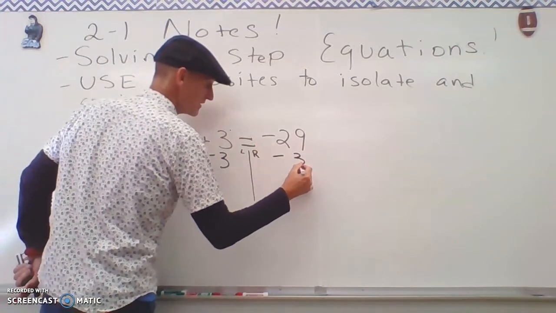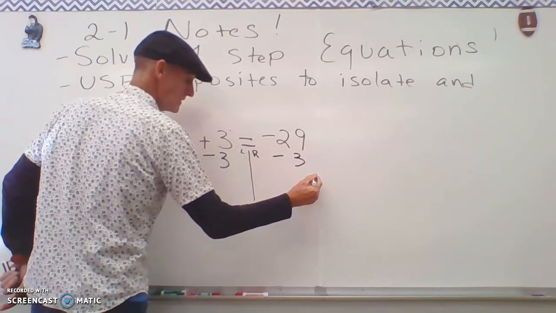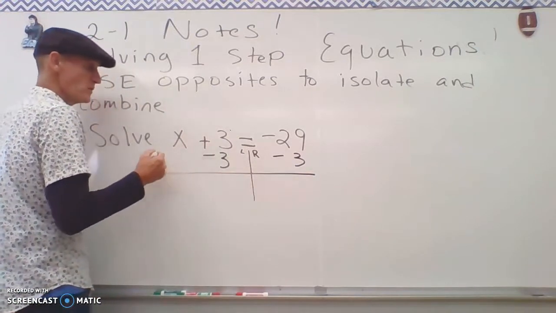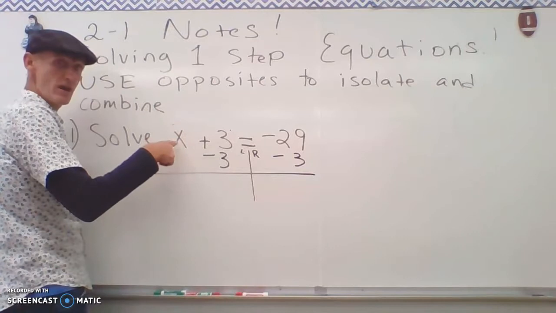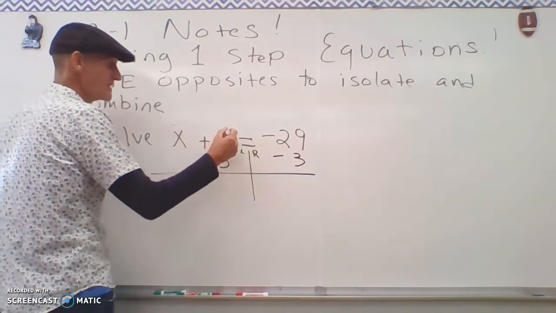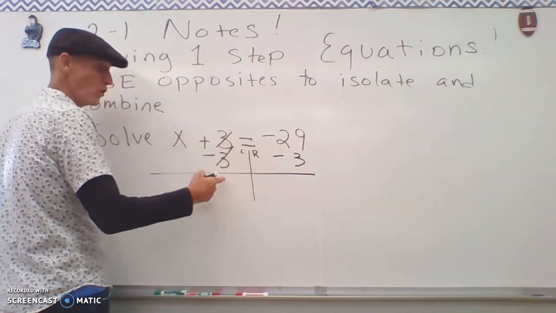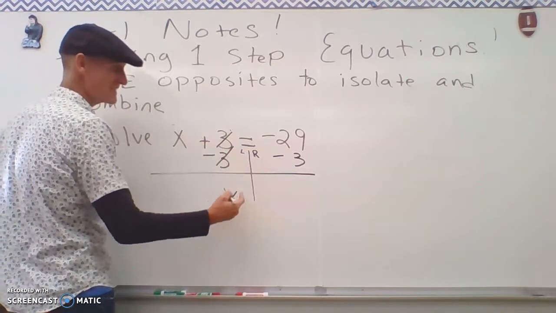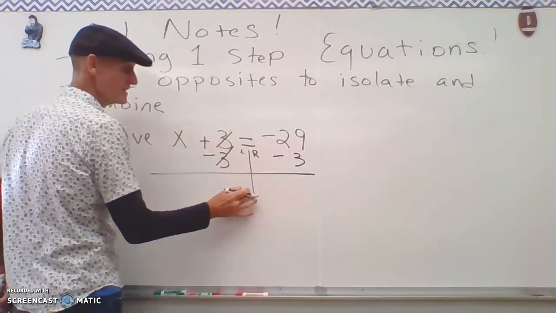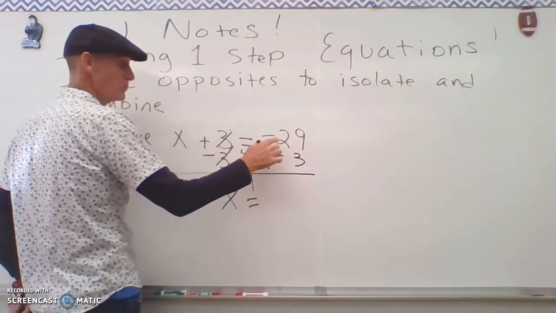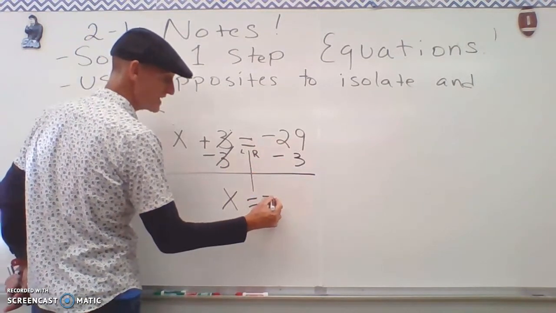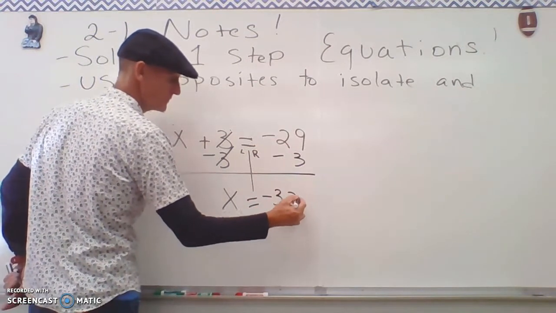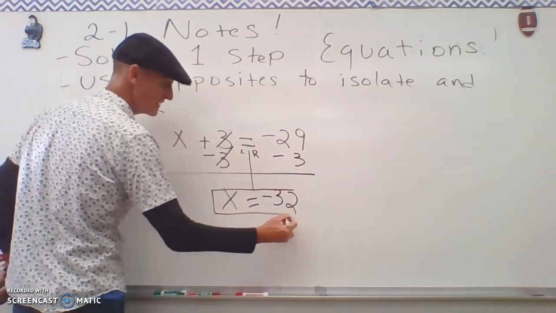And over here, draw a line. We're isolating, solving for x. These 2 terms go away, and I have x on the left. This is equal to negative 29 minus 3, which is negative 32. X equals negative 32.